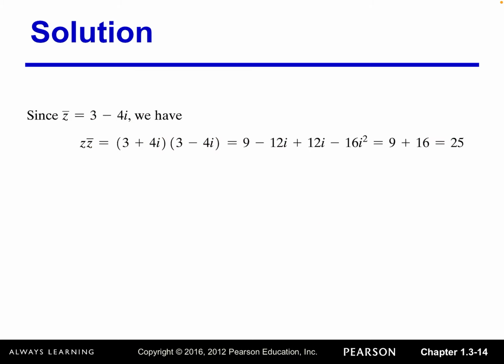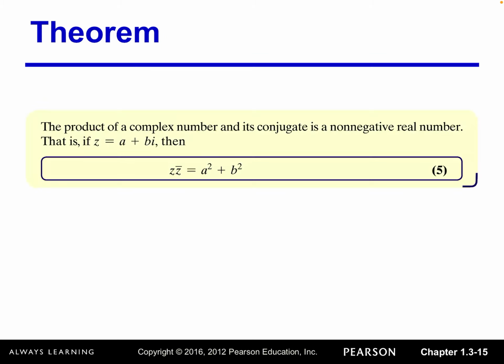So actually we have a theorem. This is just what I did in the previous slides. So here comes the theorem. When two conjugates multiply, if we denote z as a plus bi, the product of the two conjugates equals the sum of two squares.